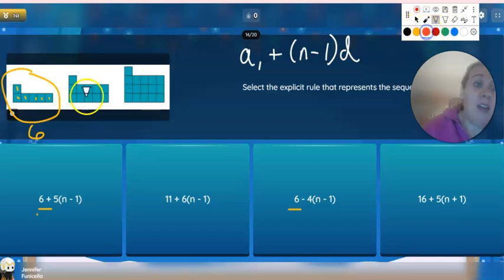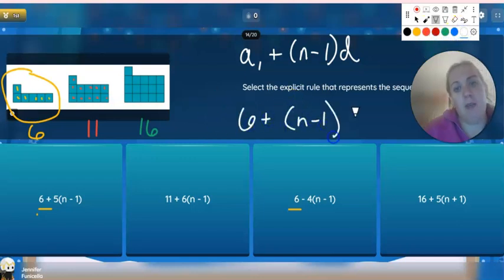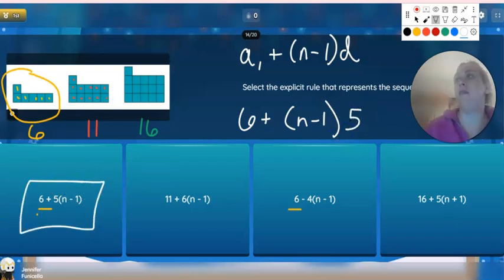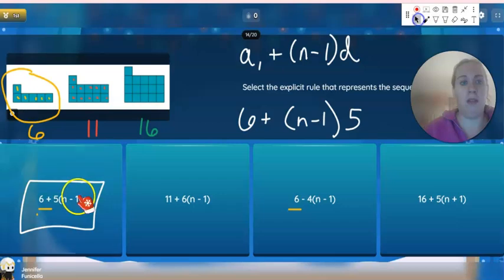Our difference is they're getting bigger, because now we have 1, 2, 3, 4, 5, 6, 7, 8, 9, 10, 11. We went up by 5. For the next one, we're going up by 5 again to get 16. So our difference is 5. So we have 6 plus n minus 1 times 5. Beautiful. And that was question 14.